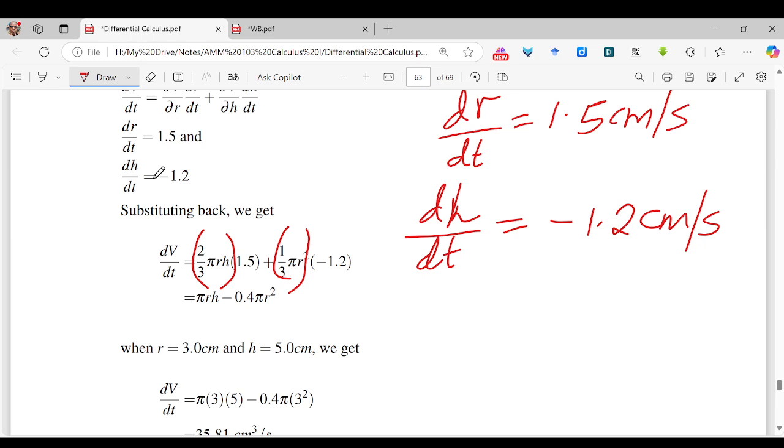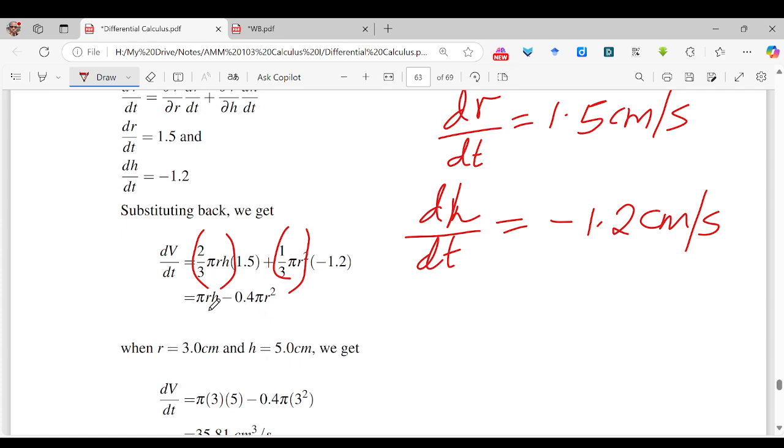So when we simplify, we get dV/dt is equal to pi rh minus 0.4 pi r squared. But we want to find the value of this when r is equal to 3 centimeters and h is 5 centimeters.